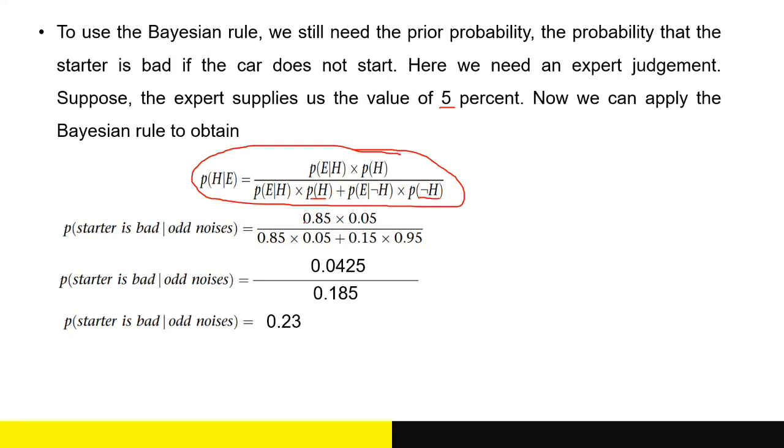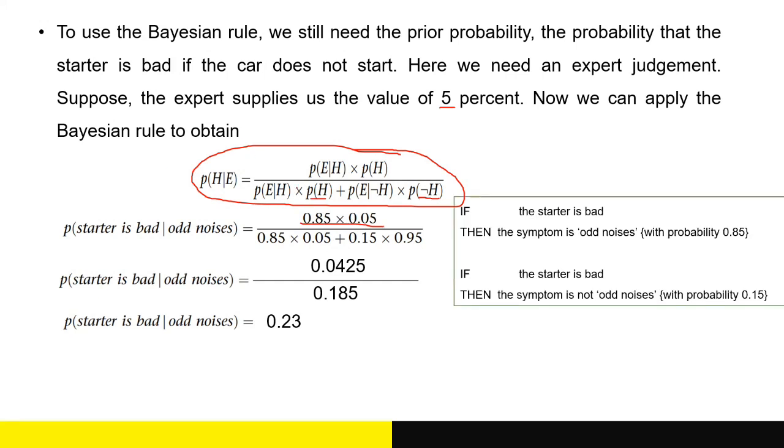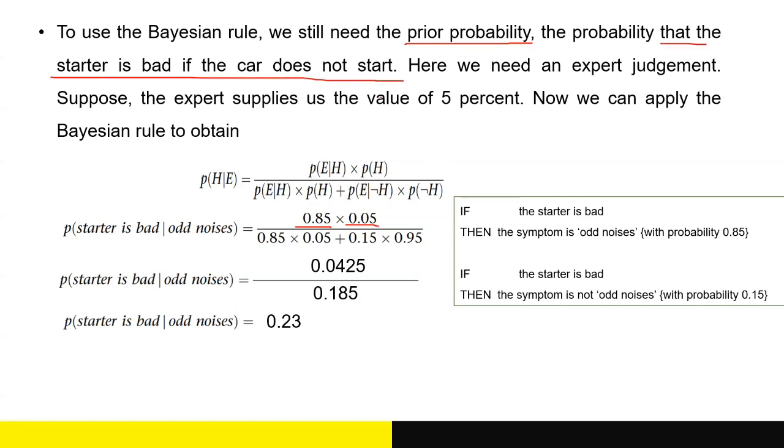If you are wondering where these values come from, this 0.85 represents that if the starter is bad, then the symptom is odd noises. And this 0.05 is the prior probability that the starter is bad if the car does not start.